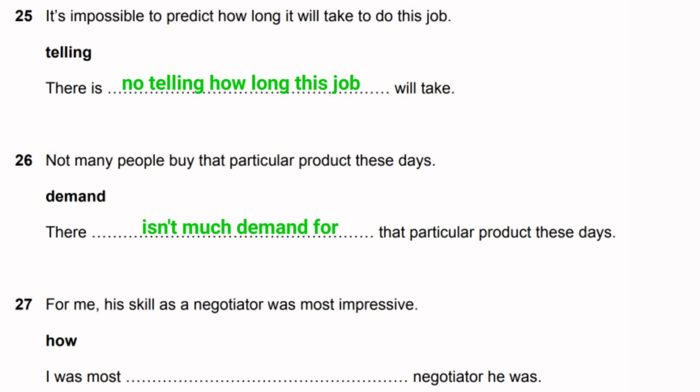Let's move on. Okay, number 27. For me, his skill as a negotiator was most impressive. How is the word that we are given. I was most impressed at how skilled a negotiator he was.